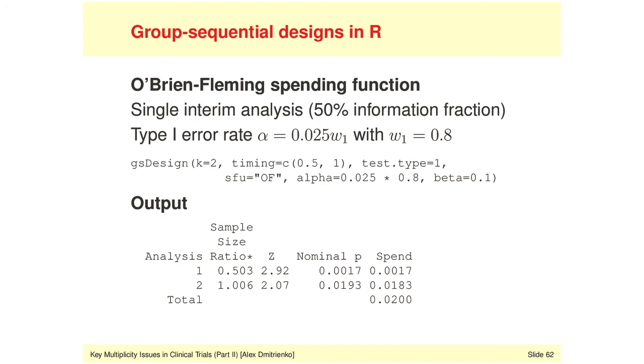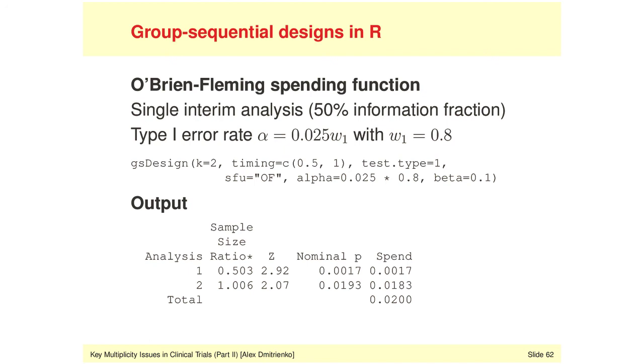We assume here scenario number 3, and suppose that the predefined hypothesis weight for the PFS test is equal to 0.8, and that we can easily modify the function call presented on slide 60 to compute the corresponding adjusted significance level.